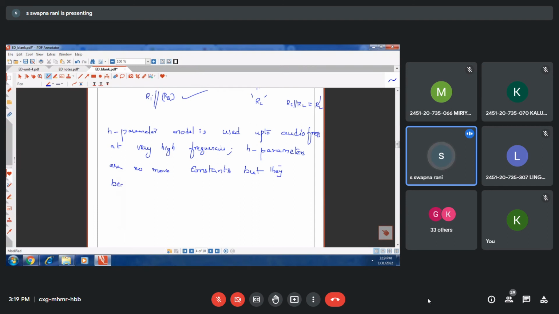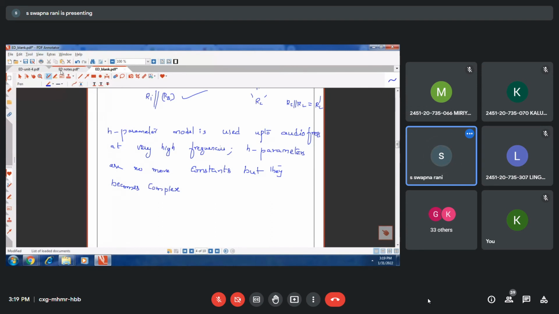They keep changing with frequency and do not remain constant. Up to audio frequency, H parameters will remain constant, and those constant values I have given in the notes in the tabular column. Beyond audio, they vary with frequency.